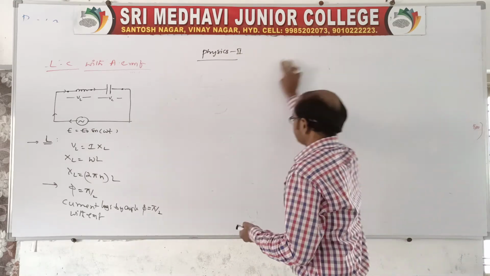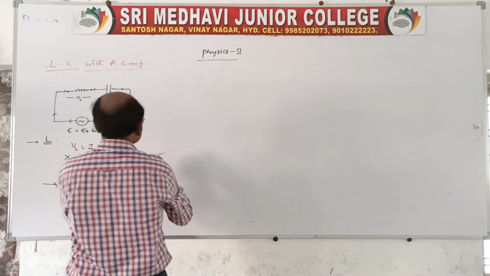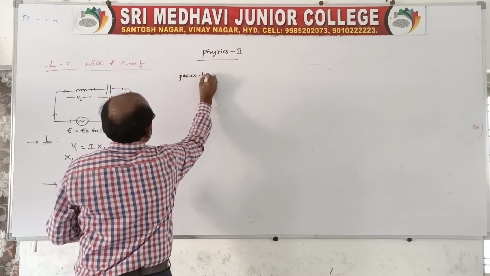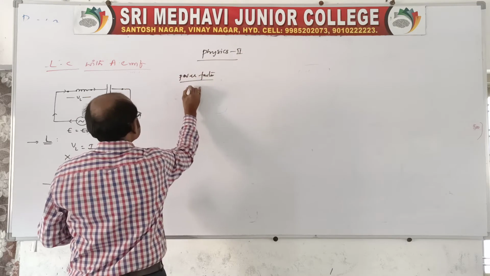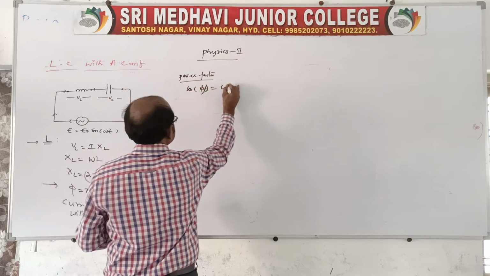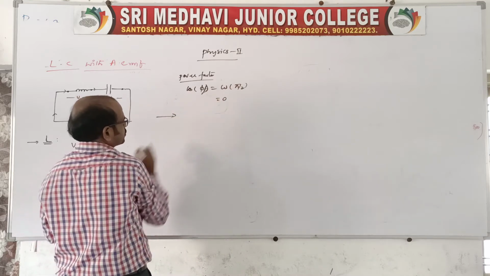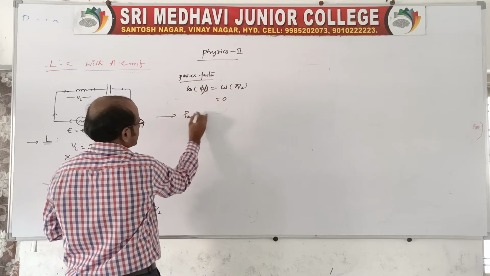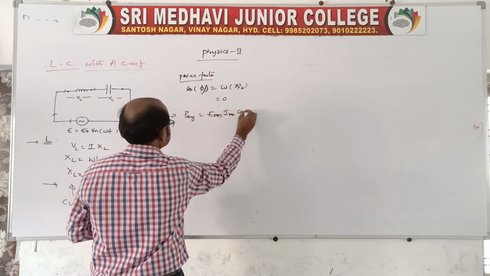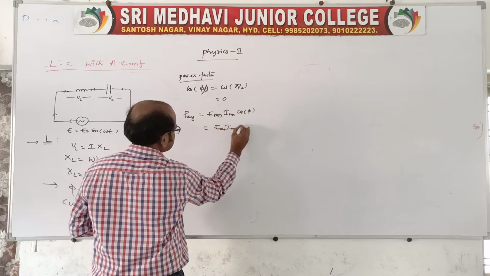Look, I'll show you. First you take the power factor, that is cos φ, which is cos π by 2, that is cos 90, which is 0. When the power factor is 0, the average power will be ERMS times IRMS times cos φ, so it is ERMS times IRMS times 0.